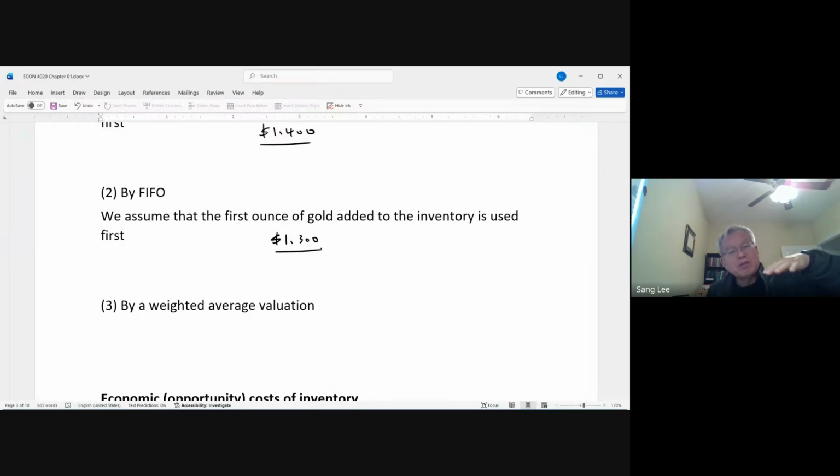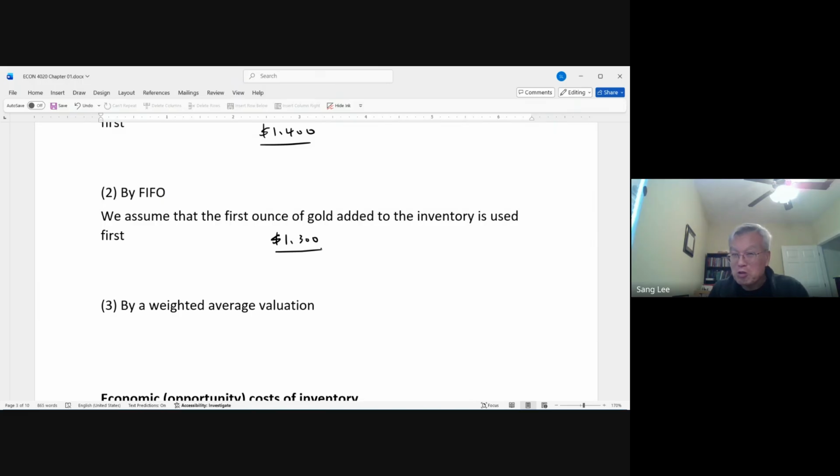Now, if the gold price is not changing dramatically, there wouldn't be much difference between the two methods. Whether you use LIFO or FIFO, the price difference may not be large. But like these days, if prices are changing dramatically over a short amount of time, then depending on which method you use, your accounting cost could be overstated or understated.